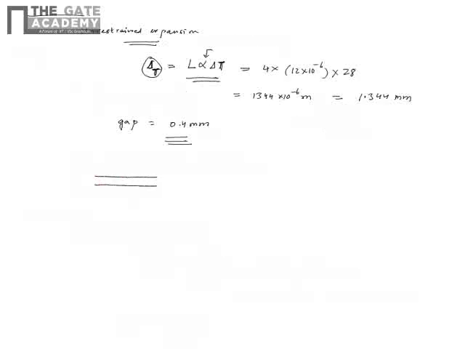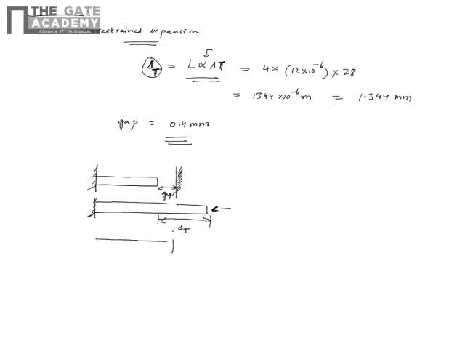This is your initial state, there's a gap. If there were no wall, it would have just expanded this much, which is your delta t. But there is a wall here which provides the force, and therefore the final expansion is only this much.